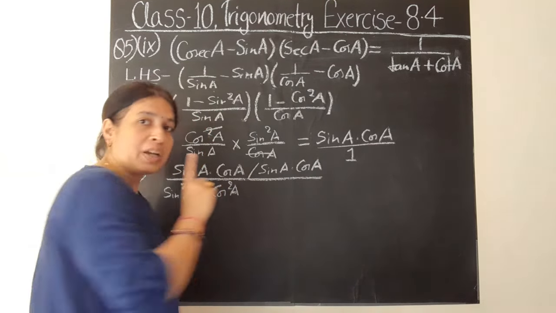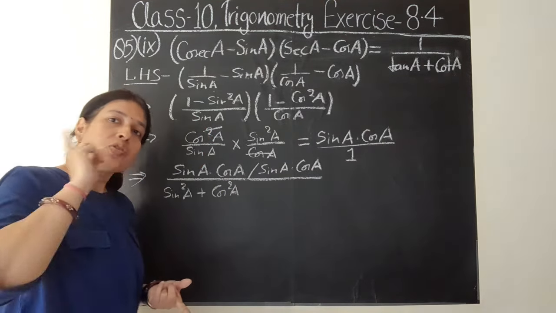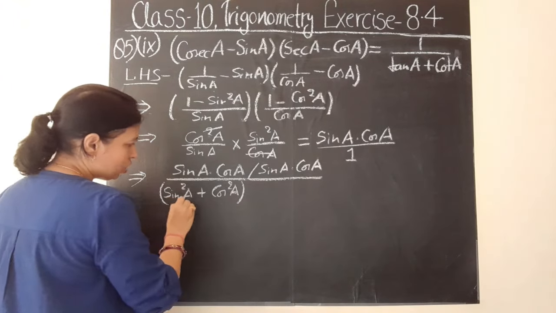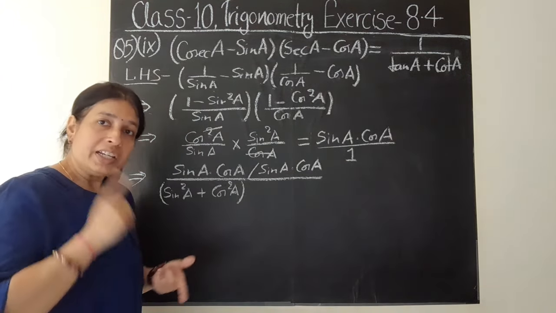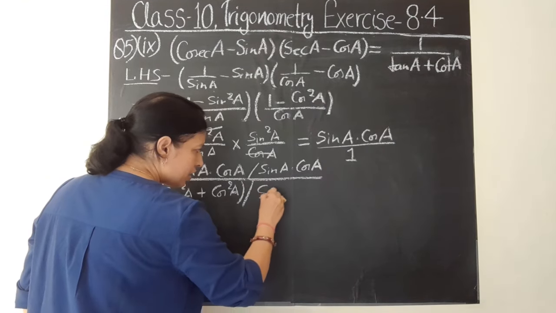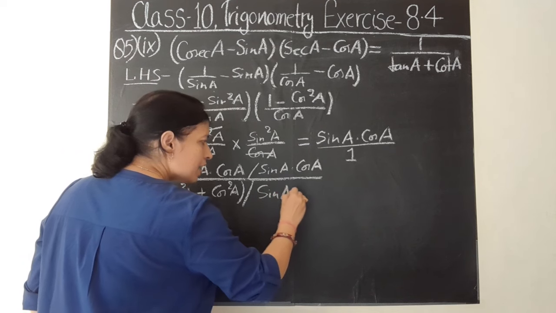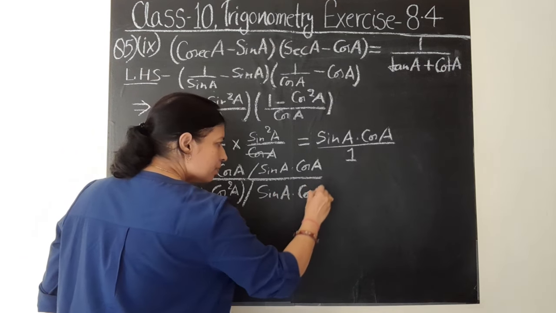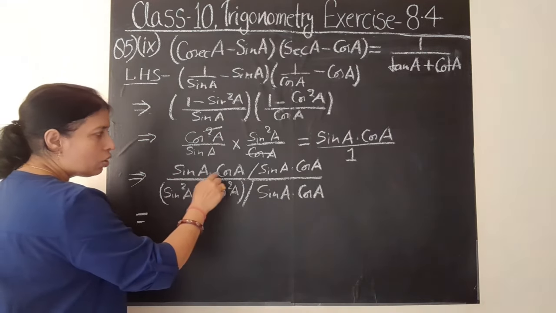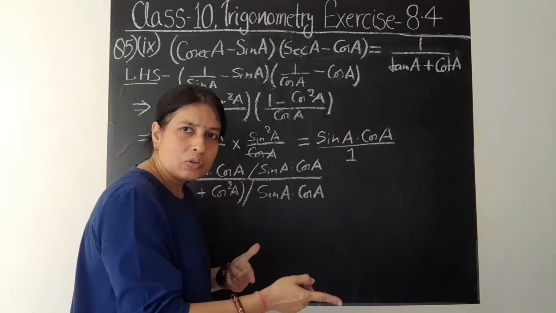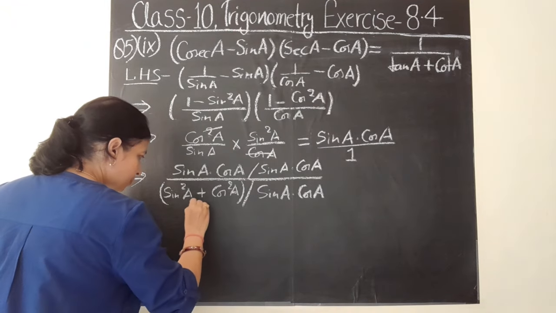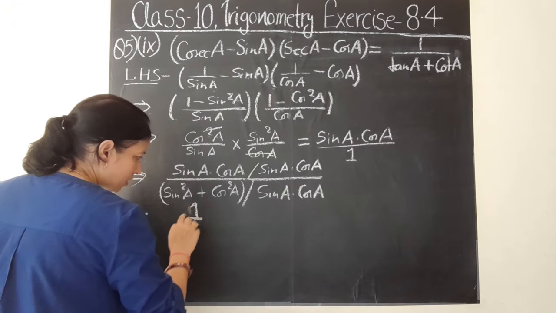Whenever we divide the numerator, we also divide the denominator. So what is our denominator? Sin square a plus cos square a. We will also divide it by the same sin a into cos a. So write here sin a into cos a. So here sin a into cos a divided by sin a into cos a will be 1. So write 1. This one is 1.